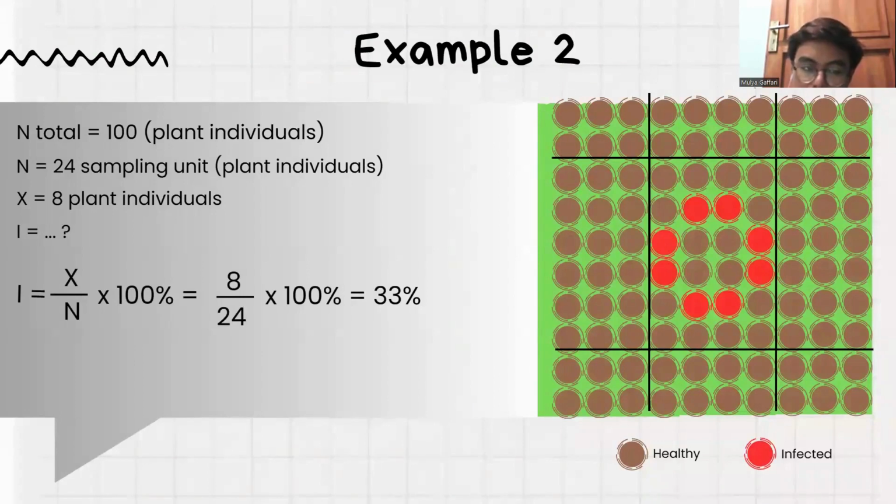So the disease incidence is 8 divided by 24 and multiplied by 100%. Then the result is 33%.